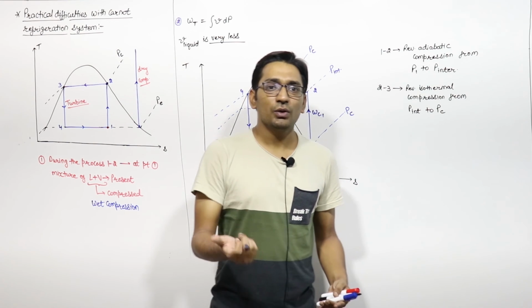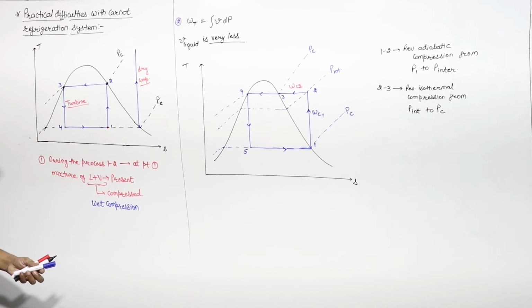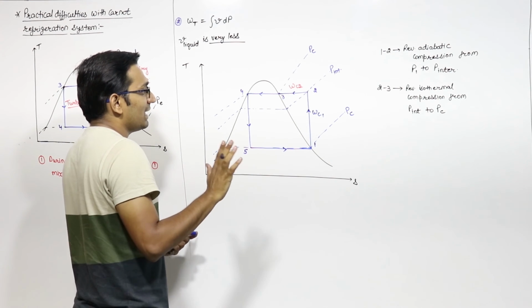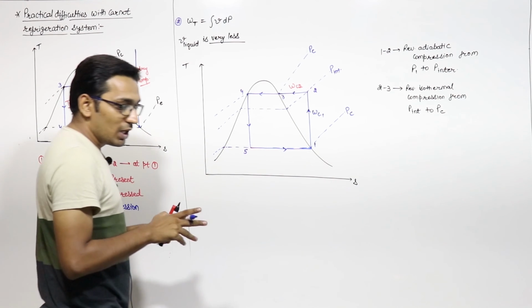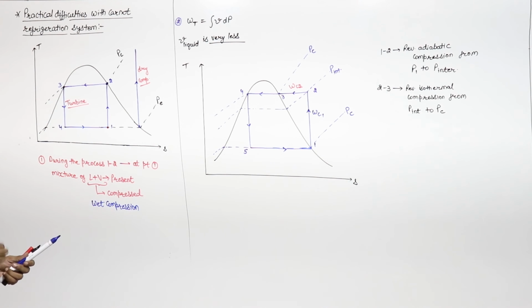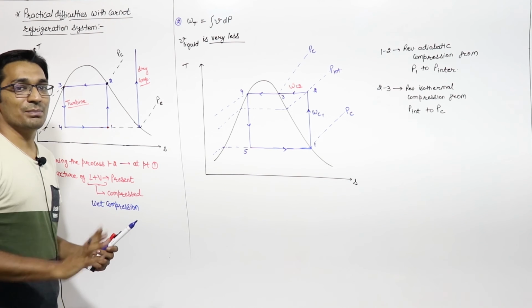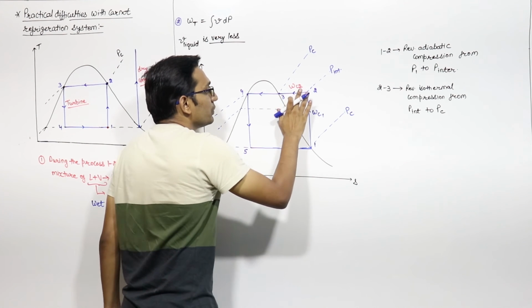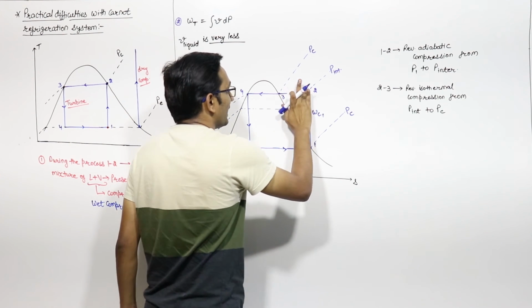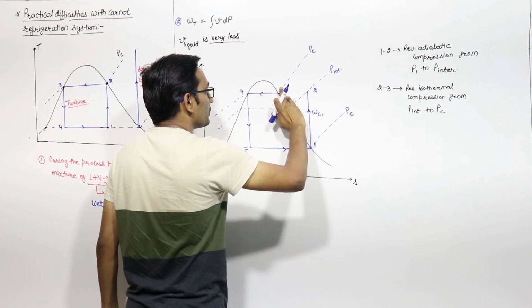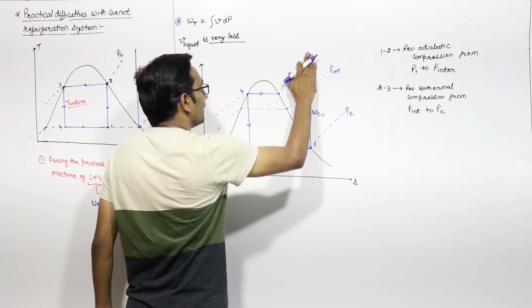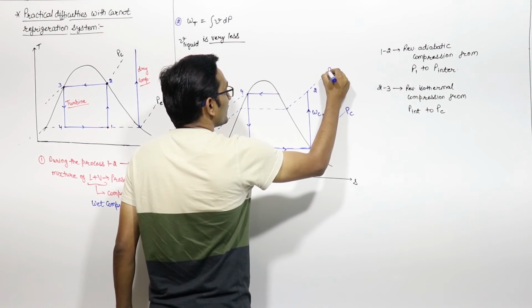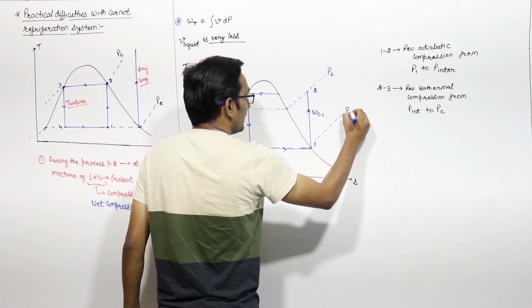Now, if you want to achieve this, suppose in this diagram we say that I want to achieve dry compression in a single compressor. You don't want to use this second compressor. With only this first compressor I want to achieve this PC; this is PE, right?